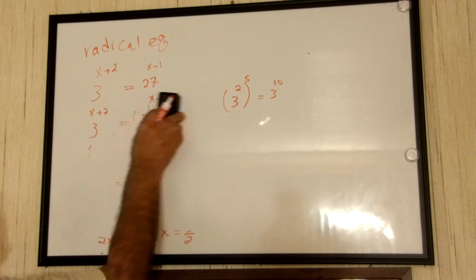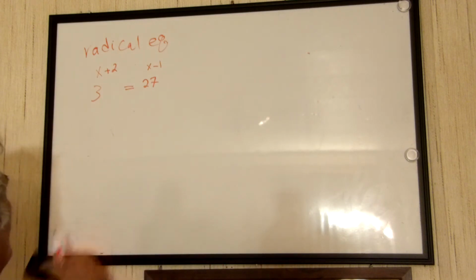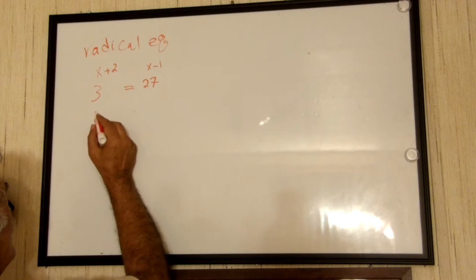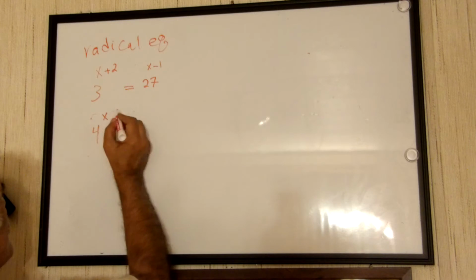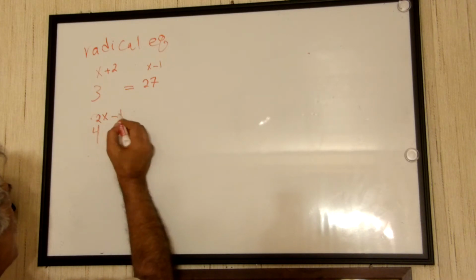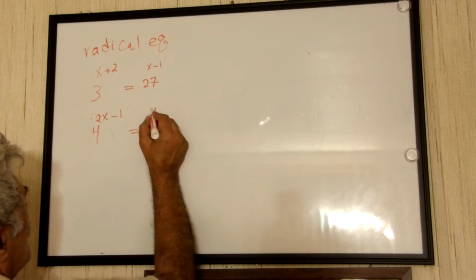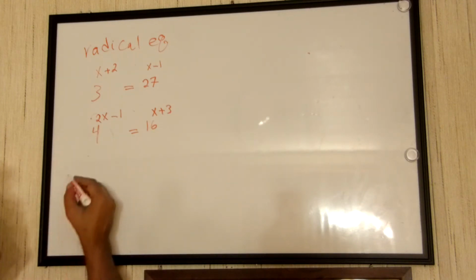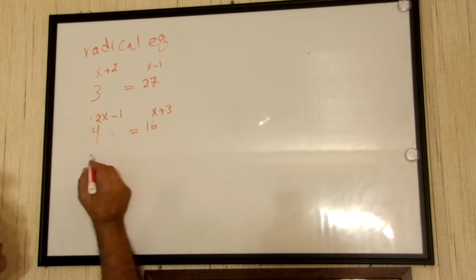Okay, let's solve another example: 4 to the power of 2x minus 1 is equal to 16 to the power x plus 3, for example. How do we solve this? We're going to make the bases equal.